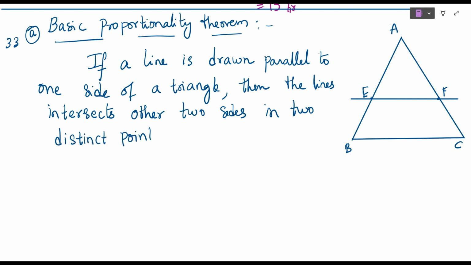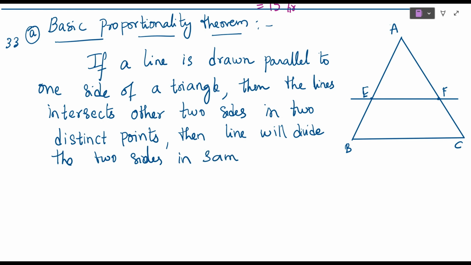So this parallel line is touching the other two sides AB and AC at points E and F. Then the line will divide the two sides in the same ratio. Understood, students? So this line is dividing AB and AC in the same ratio. Now how to prove this, how to present the data, let us write.